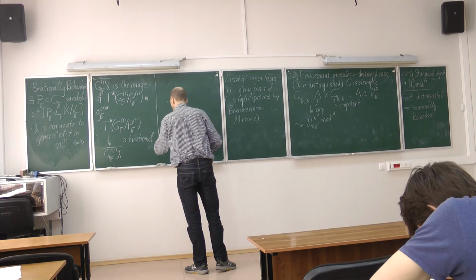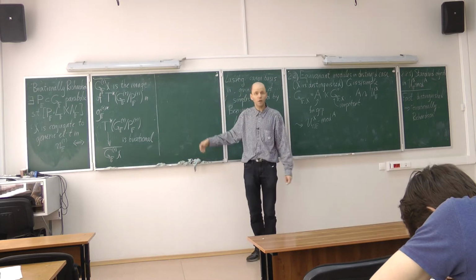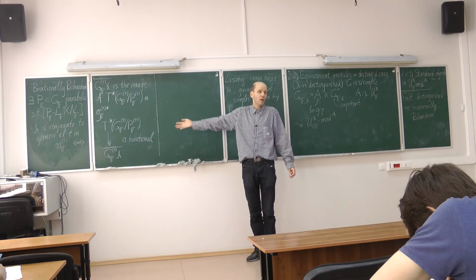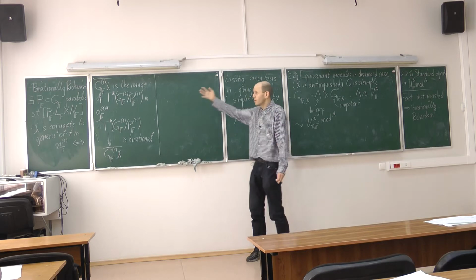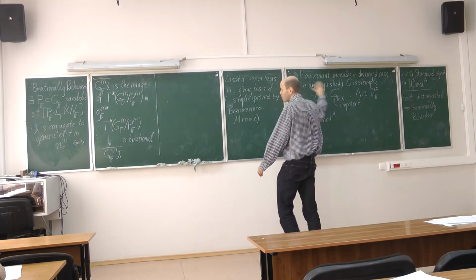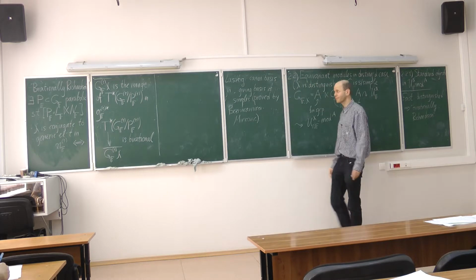In general, it's several to one, but sometimes it's birational. For example, every nilpotent element in SLN is birationally Richardson. That's a standard fact. But also every distinguished element is birationally Richardson.